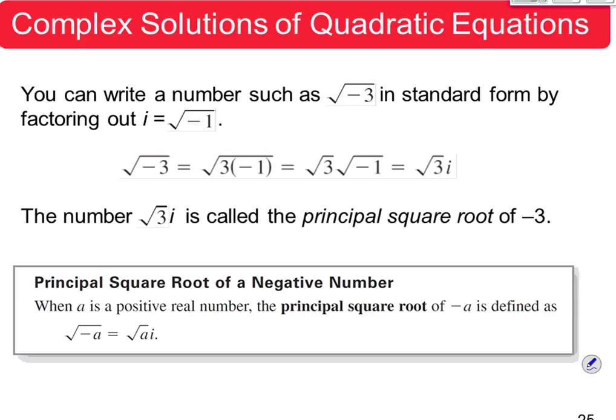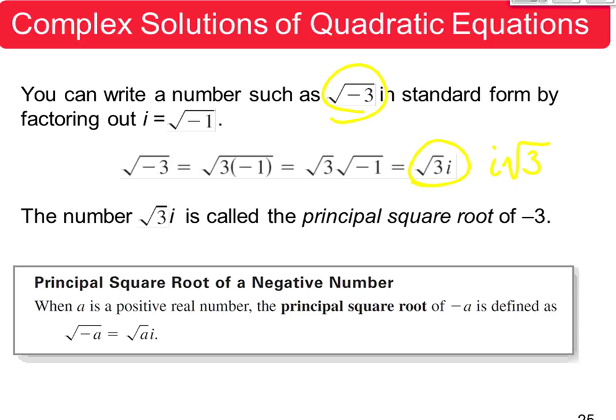Just a reminder that the square root of -3 is i times the square root of 3. And as I said last time, I write that as i, the square root of 3, so my i doesn't slip under the radical. This is called the principal square root of -3, the positive square root.